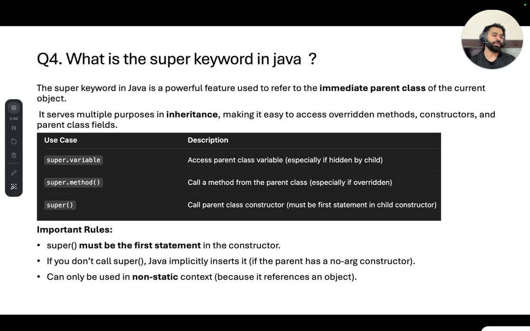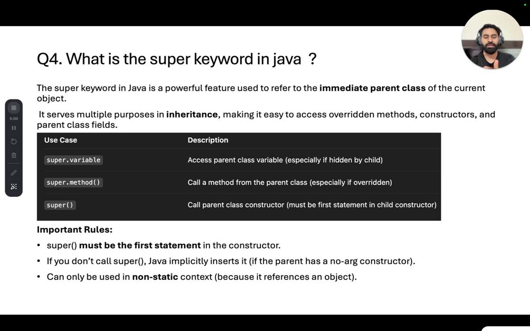Here, one important rule to take care of is that super must be the first statement in the constructor. Java implicitly inserts it if the parent has a no-argument constructor. It means that if you are calling this third super, you cannot use it if the parent has no-arg constructor, because Java implicitly inserts it.